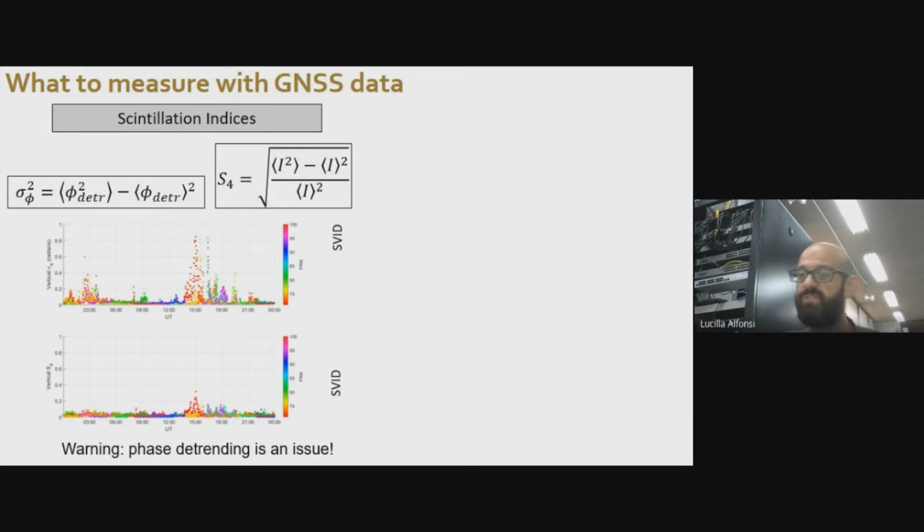So sigma phi and S4, that are basically the standard deviation of the signal in the case of the phase, so sigma phi is the standard deviation of the detrended signal. In the case of the amplitude, it is the standard deviation of the signal normalized to the mean of the amplitude of the signal. And in the plot here, you can see some, let's say, scintillation detected by one of our receivers.